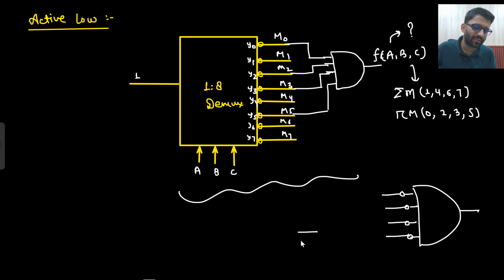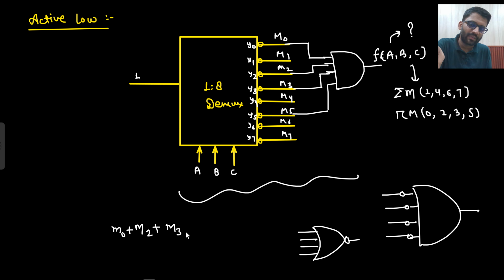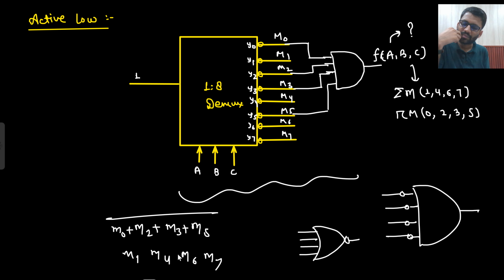So if this is the scene, I can replace this with all these inverters and then there is a bar. So you will say that, sir, small m0 plus small m2 plus small m3 plus small m5 will not be there. Its bar we will take. So the answer will be M1, M4, M6, M7.